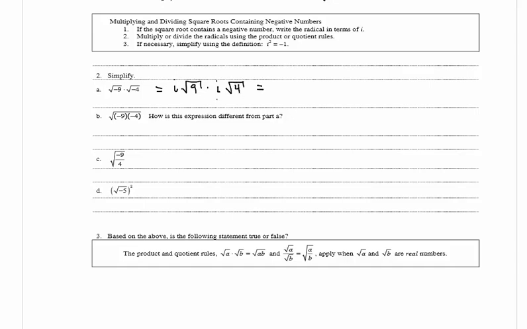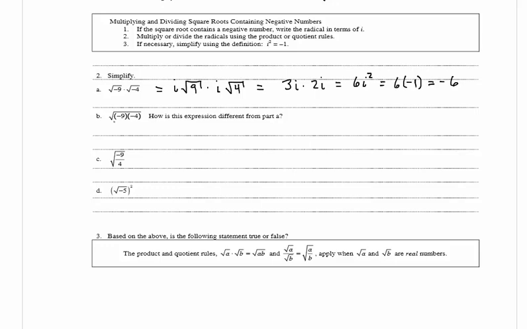The square root of 9 is equal to 3, so we have 3i times the square root of 4, which is equal to 2, so 2i, and we can write this as 6i squared, which is also equal to 6 times negative 1, because i squared is equal to negative 1, and this is equal to negative 6.